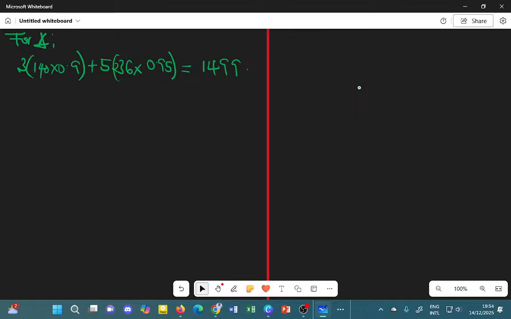And then for B, we have 4 times 265 times 0.9 plus, this was the error margin, 10%.